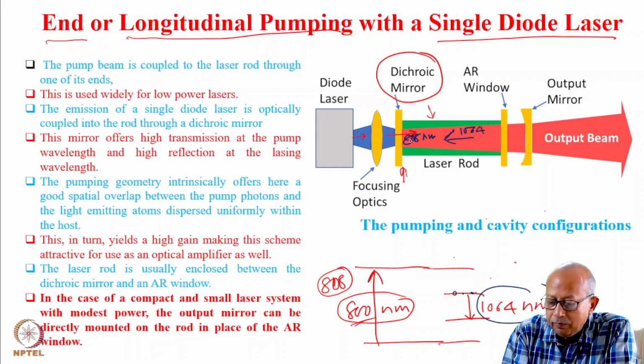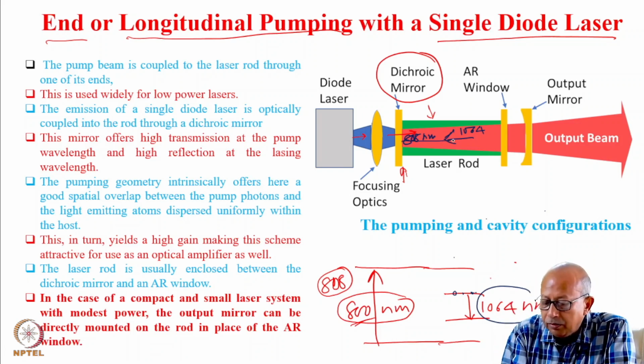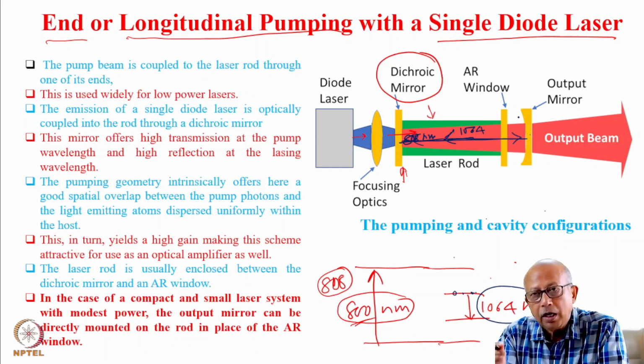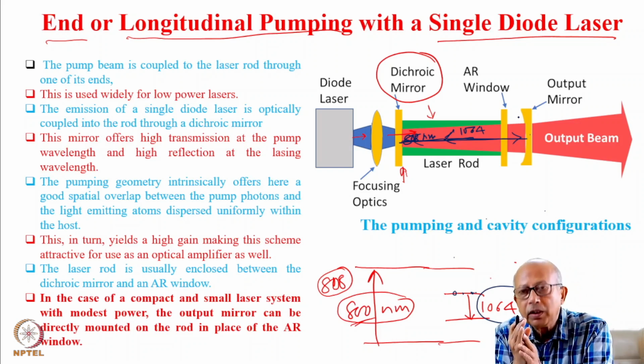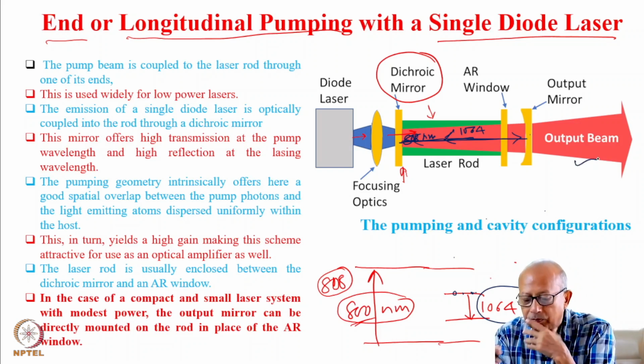Only then oscillation of light back and forth would be possible. This is the output mirror, which has appropriate reflectivity and some transmission loss to couple out the laser beam.